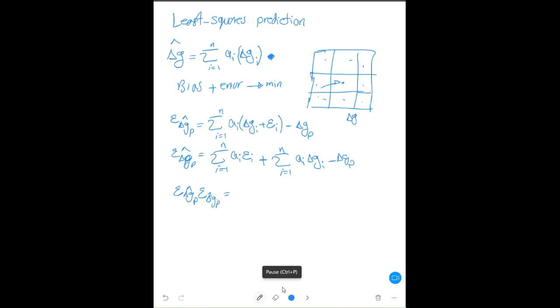But if I take the average, it will be zero for the error term. I don't want to have the error be zero, so I have to square it. If I square this, it will be the summation over i of a_i epsilon_i times the summation over j of a_j epsilon_j, which is the square of the first term, plus the square of the second term, plus the first term multiplied by the second term.